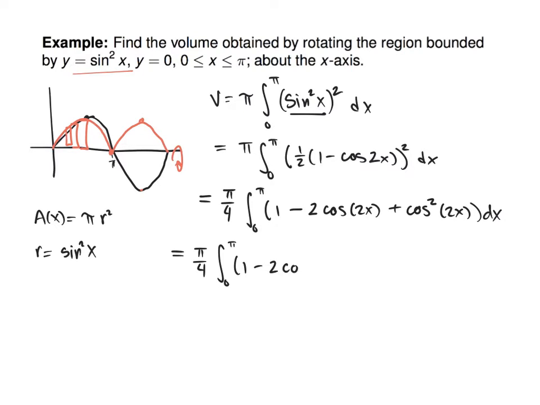Minus 2 cosine 2x. How about cosine squared 2x? What's that become? 1/2 (1 plus cosine 4x).